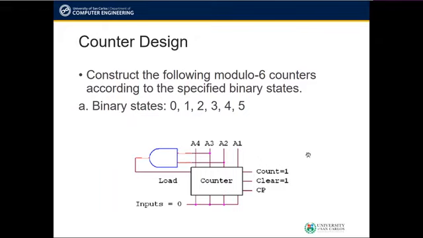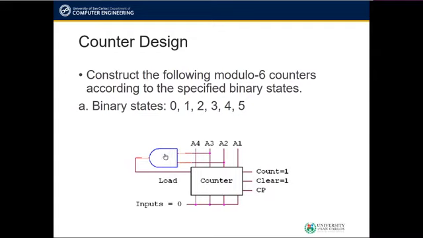So when the circuit starts counting, it counts from 0, then 1, then 2, then 3, then 4, and then 5. When it reaches the count of 6, which is 0, 1, 1, 0, A3 and A2 will both be 1.